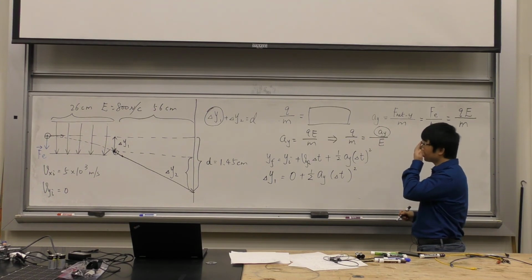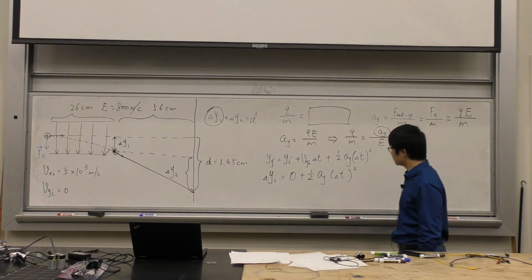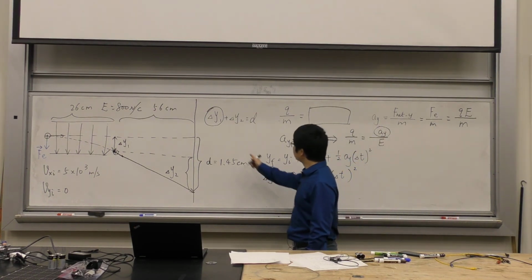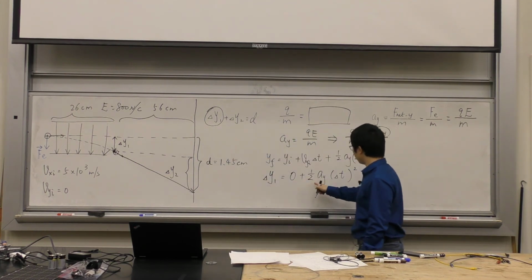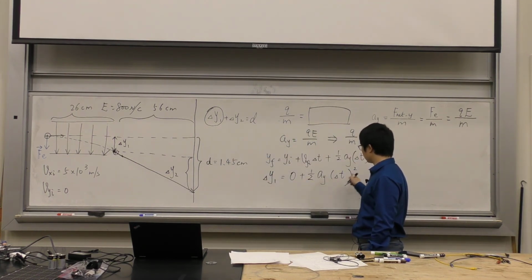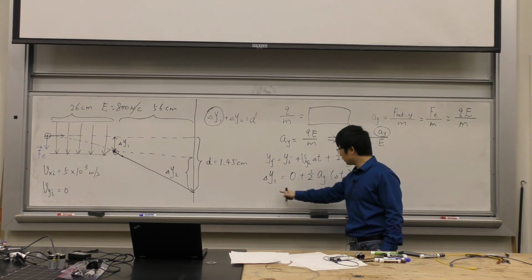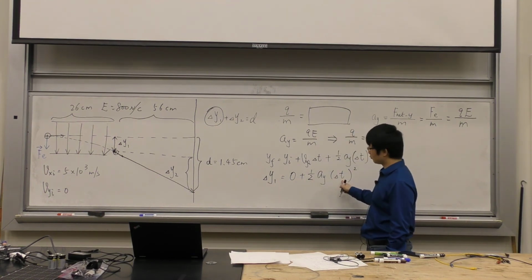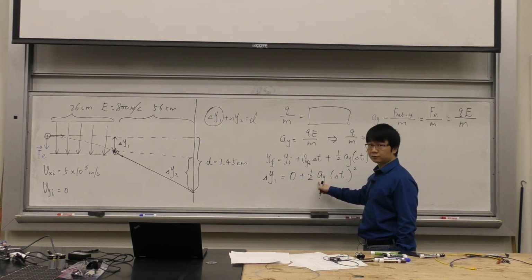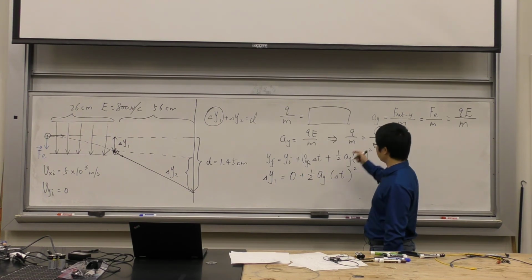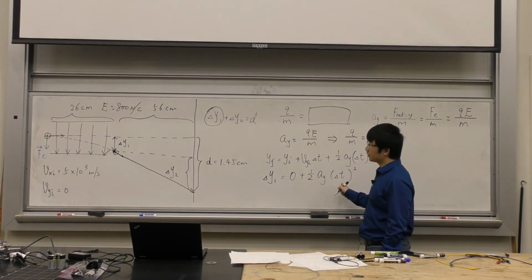Okay, so now you see that I have some connections here. At least I know this delta y1 is going to be equal to 1/2 a_y delta t squared. So if I have delta y1 and delta t in the first region, I should be able to solve for a_y and then just plug it in, right? Delta t, I can find it, right?